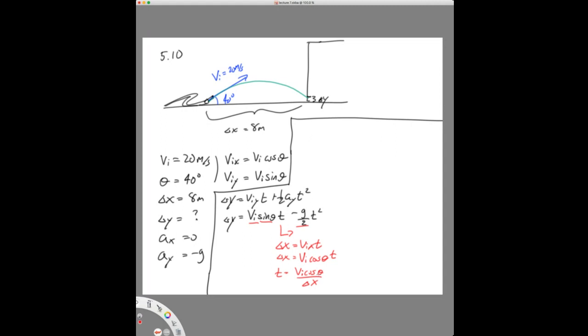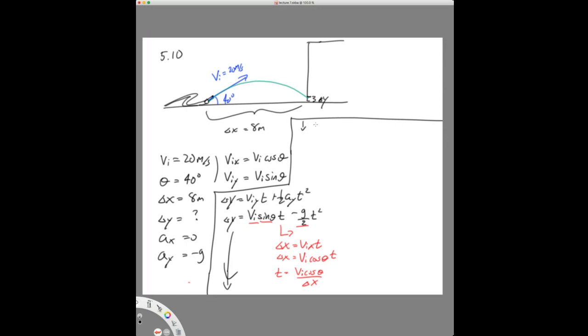And we have numbers for vi, theta, and delta x. So that is what we want to use. So we can bring our delta y equation down. I'm just going to continue it onto the next column.